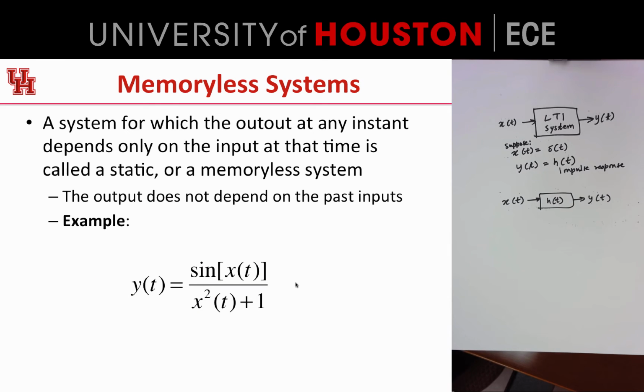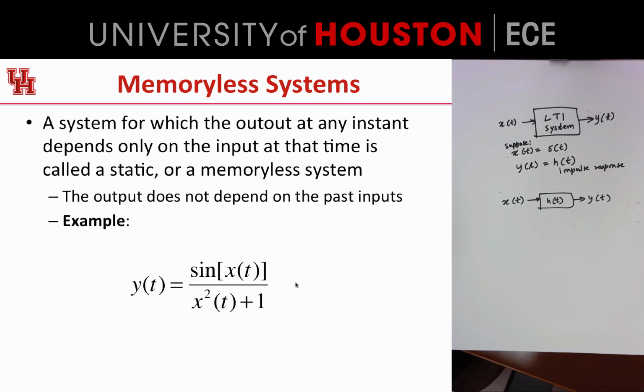Before we get to that, we need to get to know a few more fundamentals. Suppose you have a system in which the output is an instantaneous function of the inputs. If you look at the function on your left, everything needed to calculate y at a particular time t is available only at that time t.